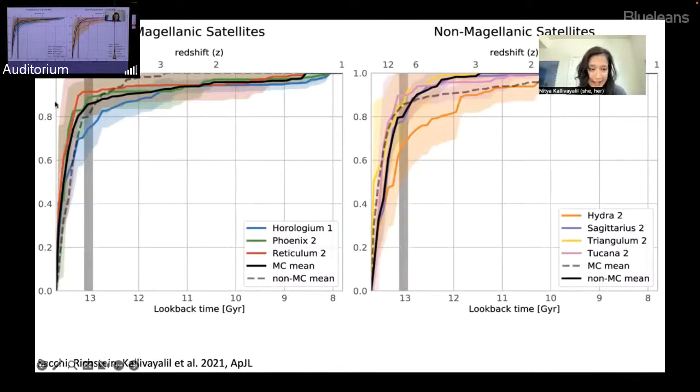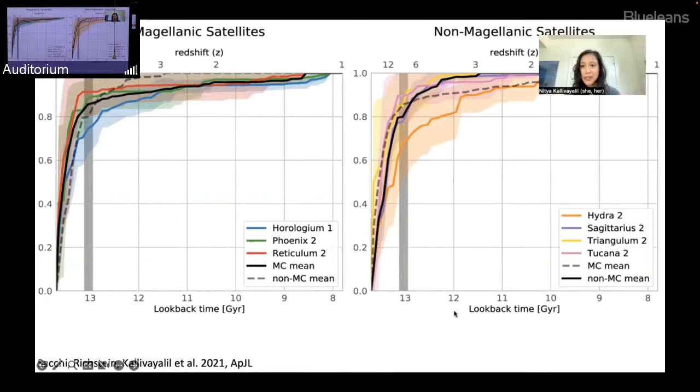The y-axis here is cut off a little bit, but what it is showing is the cumulative mass fraction. So this is percentage of stars added as a function of look-back time. Okay, so there's a lot going on this plot as well. So if we can just focus on this side.